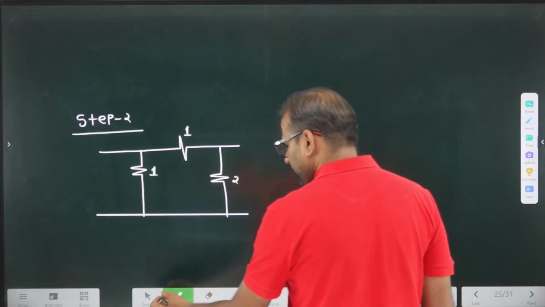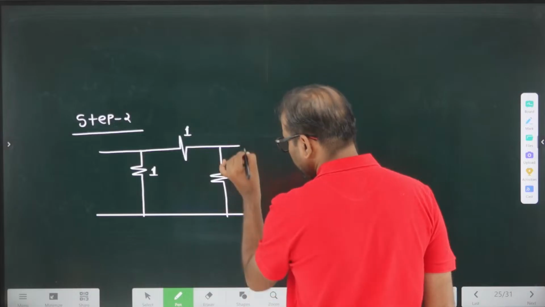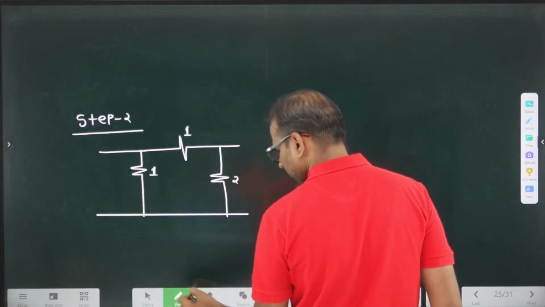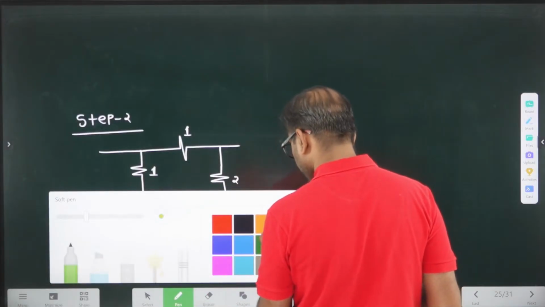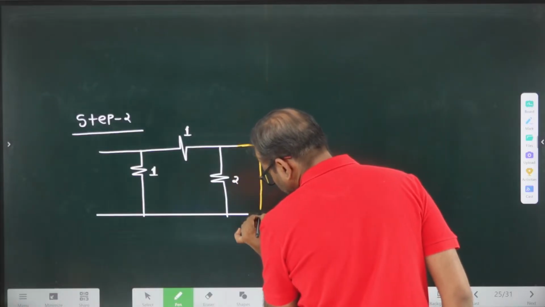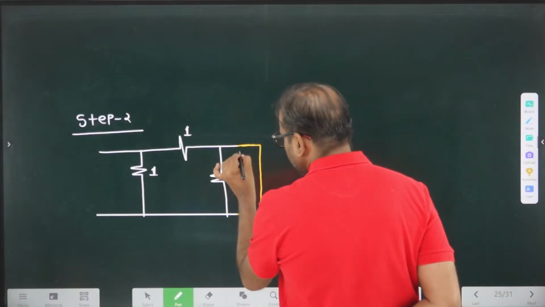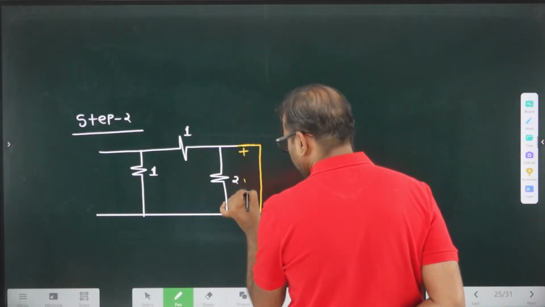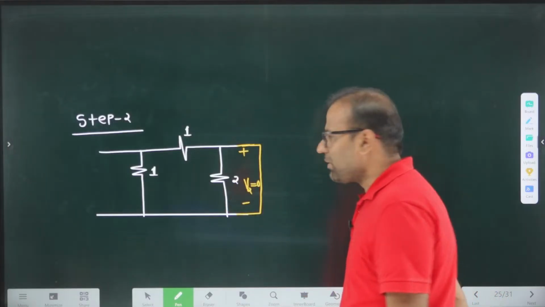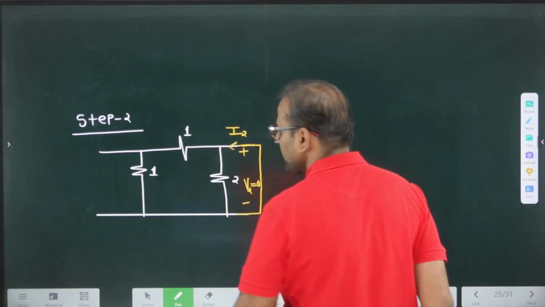What we are doing, we are applying a short circuit at the output. So we are making V2 equal to 0, and the current from here is I2. Correct?